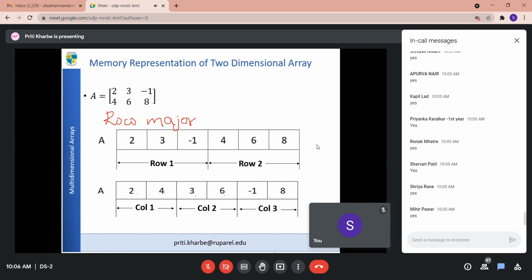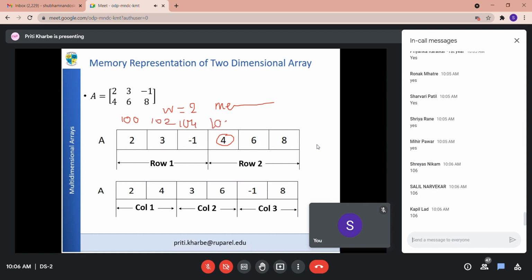For example, if the base address here is 100, and every number takes 2 memory cells, what will be the address of 4 here? 106, right? Simply go on adding: 102, 104, and this will be 106.